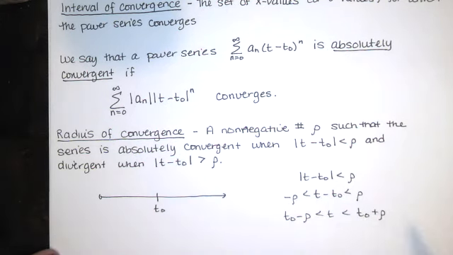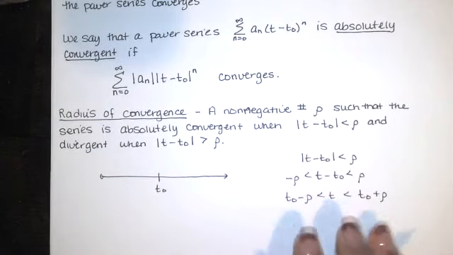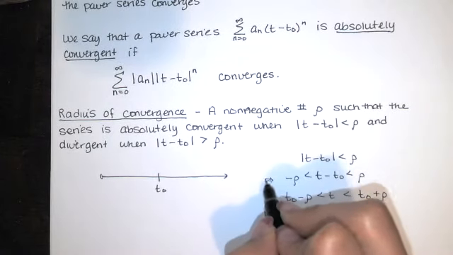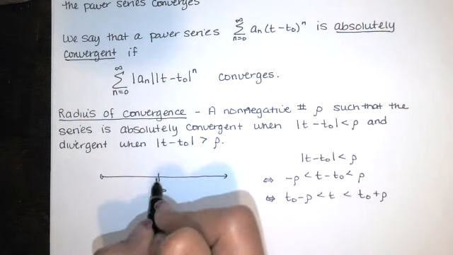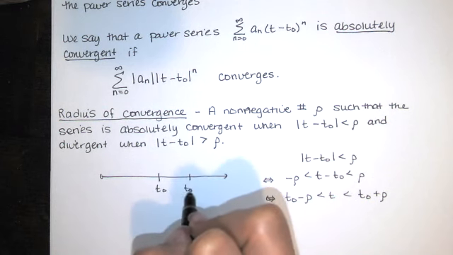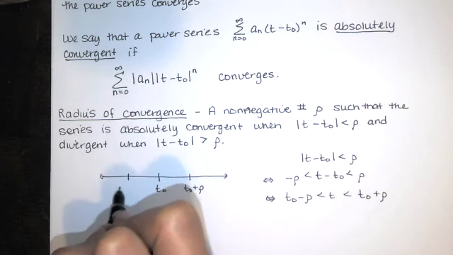Now, that might look like Greek. It's because it is, in part it is. But I want you to notice the form of this limit on the left and the limit on the right. Both of them start with t naught, and then we're subtracting rho and we're adding rho. So I've got t naught here. I'll add rho and I'll subtract rho.